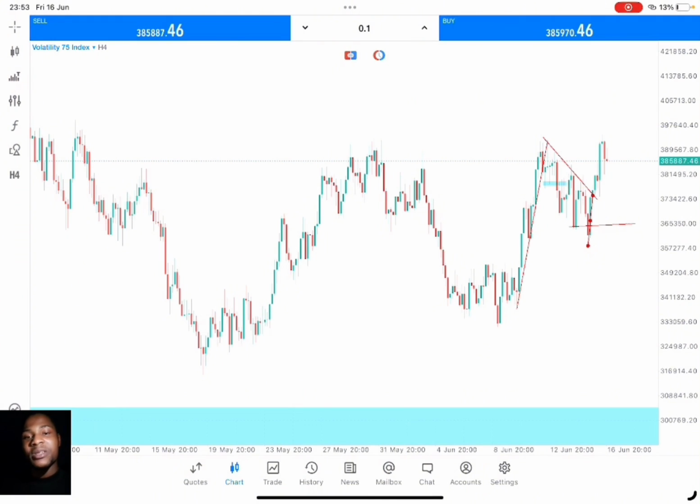This is where I'm expecting price to come to, and this is my trend line that got broken. If I extend this trend line, you can see this is where price might come to retest this trend line, at the same time hitting this right shoulder for a buy. That is just how it is.